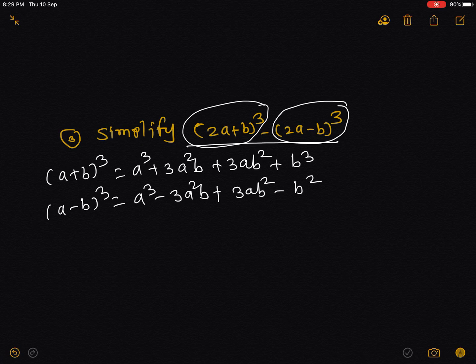In these two formulas, the only difference is the sign. This is plus, this is minus, this is plus and this is minus. The bracket here is the plus bracket and here is the minus bracket.